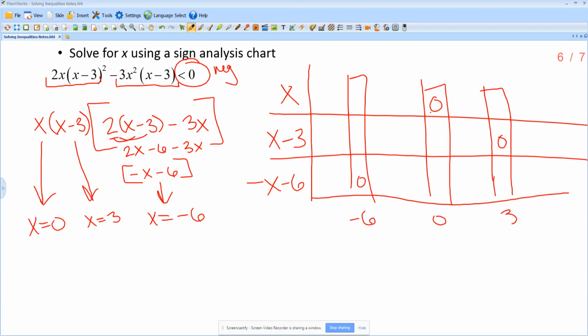These first 2 are linear increasing functions, which means they go from negative to positive. This last one is linear decreasing because the slope here is negative. So you have something that looks like this. Here's my linear decreasing function.